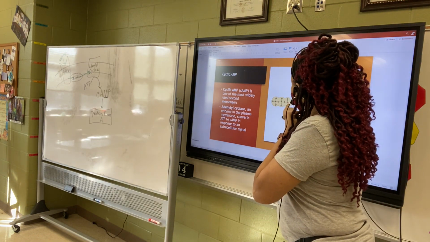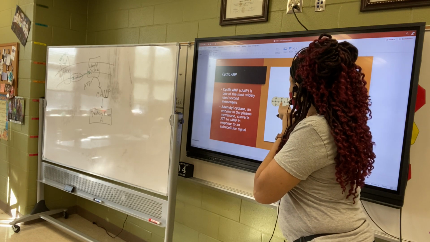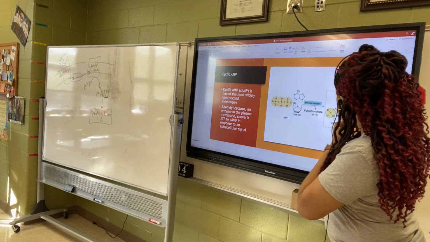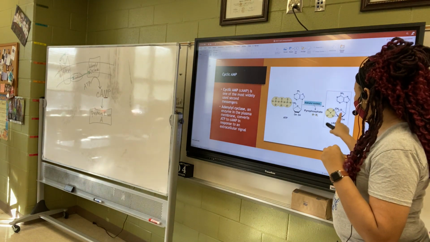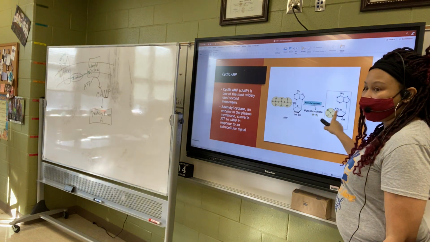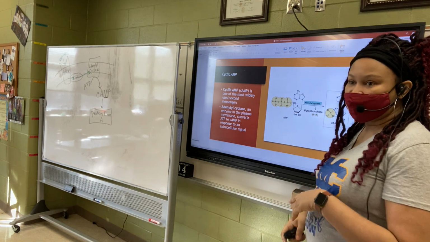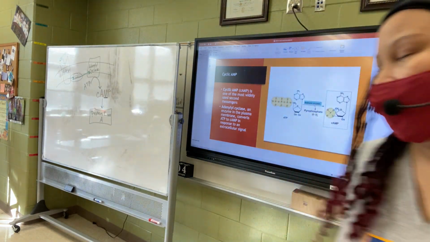See, this phosphate group is normally bonded to another phosphate group, but here it bonds back to a carbon in the sugar. So that's why it's called cyclic, because this part is bonded back to the sugar. Okay? Cyclic AMP.